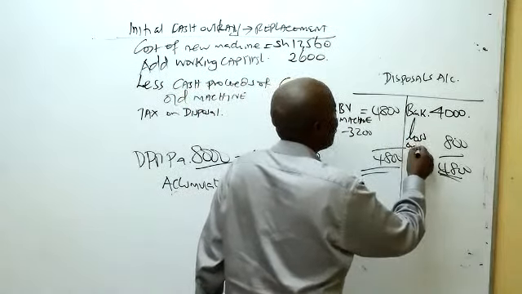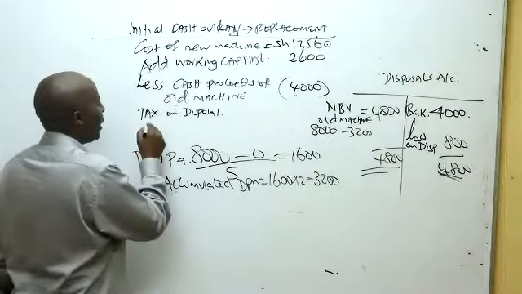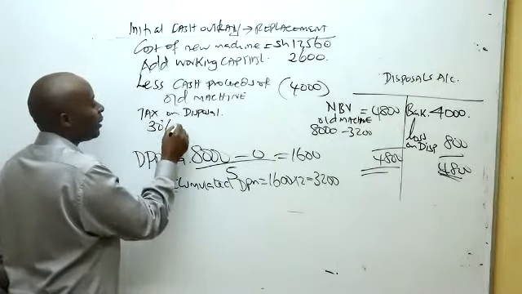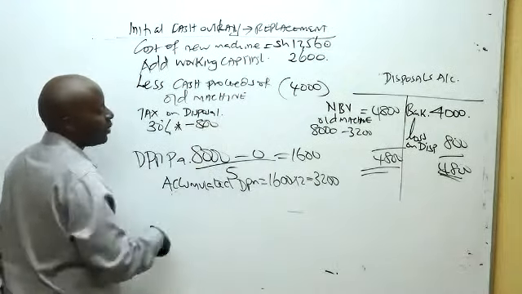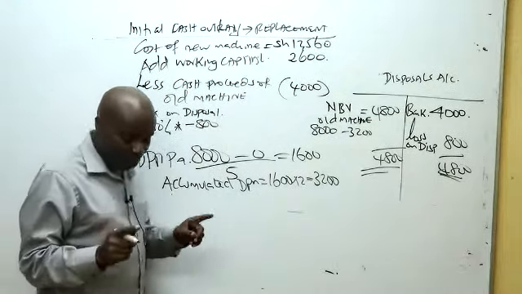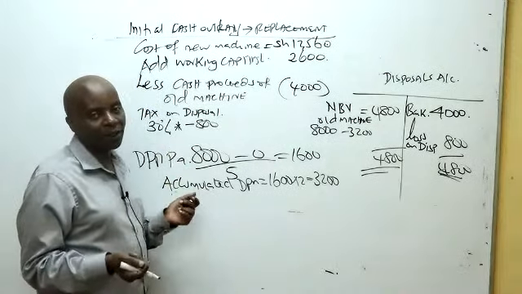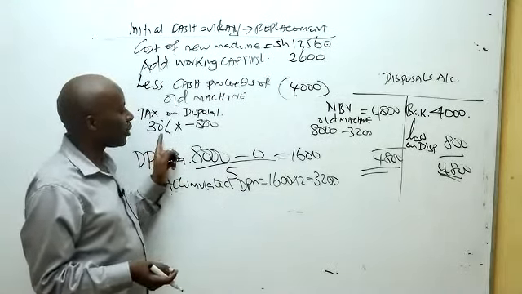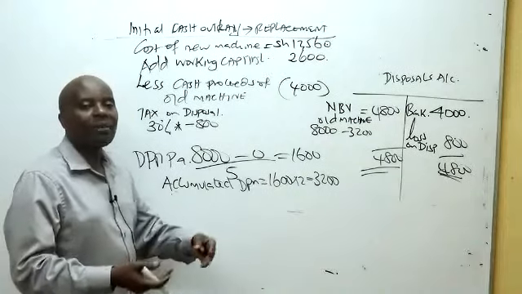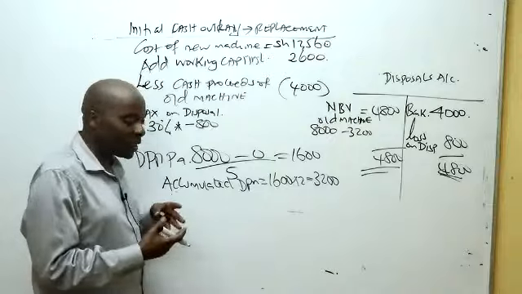So this is a loss on disposal. What we shall do, ladies and gentlemen, is to come right away here and take 30% of my loss. My loss, which is minus what here? 800. Remember, many times I've proven to you that whenever you get a loss, it is important for you to tax it. You tax a loss, a negative profit. So 30% of minus 800, it's like the taxman is refunding money to you. The taxman is sympathizing with you.